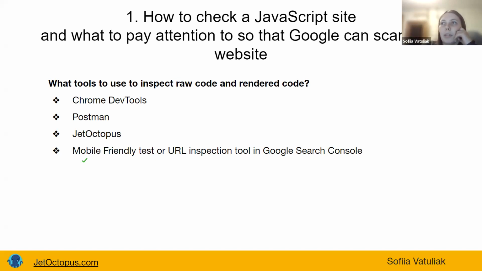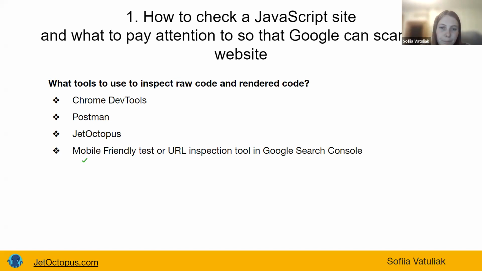We can use some tools like Chrome DevTools, Postman, it's the best one, JetOctopus, I hope you like JetOctopus, and the mobile-friendly test or URL inspection tool in Google Search Console.